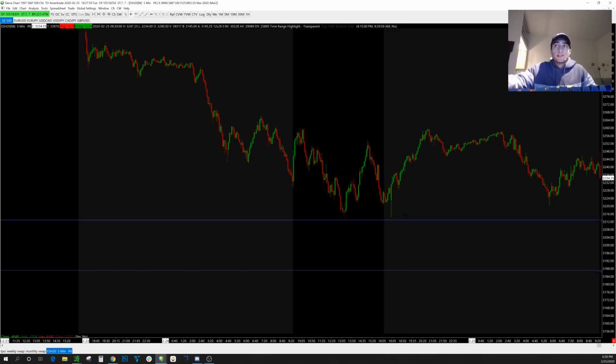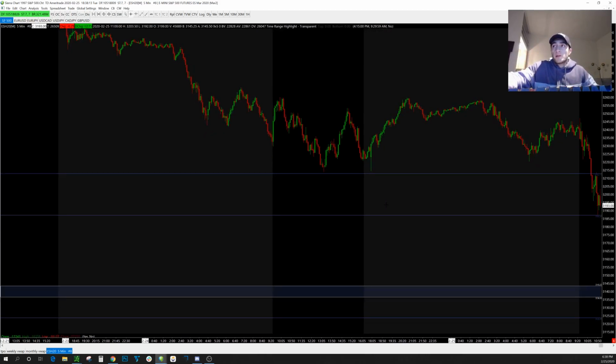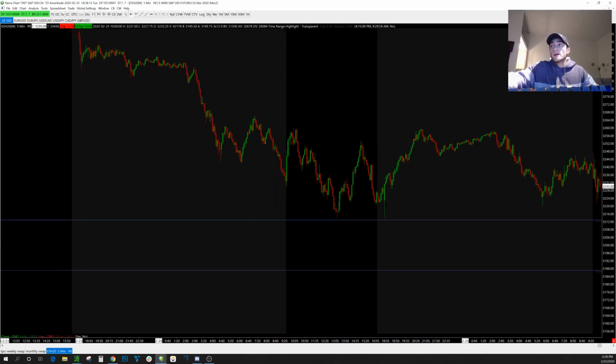The overnight session is mostly weaker retail traders trading during these hours. So we're looking at a weak low very early in the overnight session, and that's a level I was looking at to get taken out to the downside coming into the open.